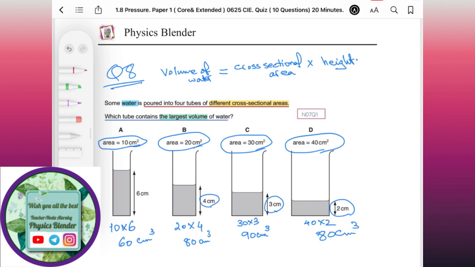Which tube contains the largest volume of water? It's clear that C is the correct answer.